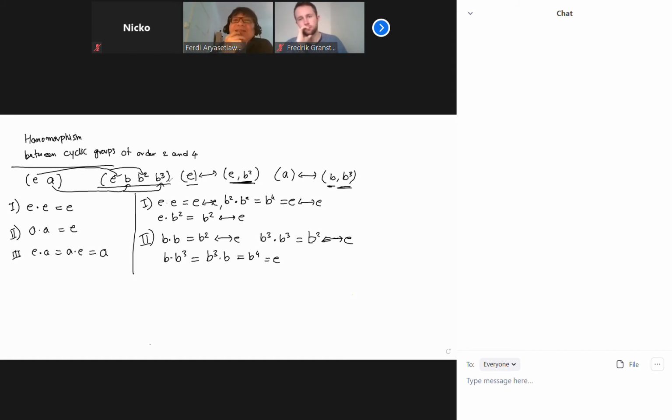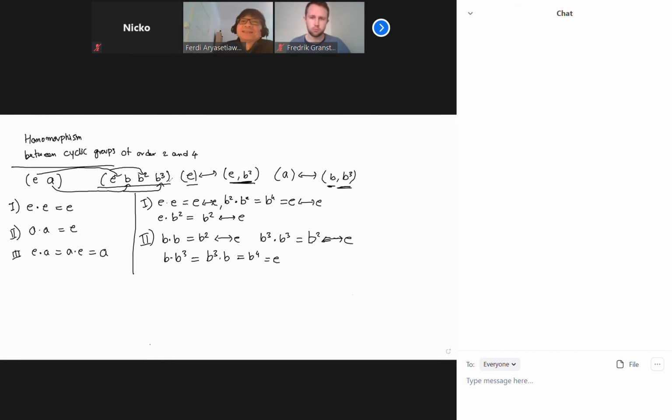Okay, good. I think we do say somewhere that if you want to show homomorphism for finite groups, it's enough to prove the closure property, right? Yeah, but also you want to prove that any element belonging to, let's say, E, so you have E and B squared, if you take any of them and you multiply by another element in A, then the result should end up in A. Because that corresponds to multiplying E by A, which gives you A. Yeah, exactly.